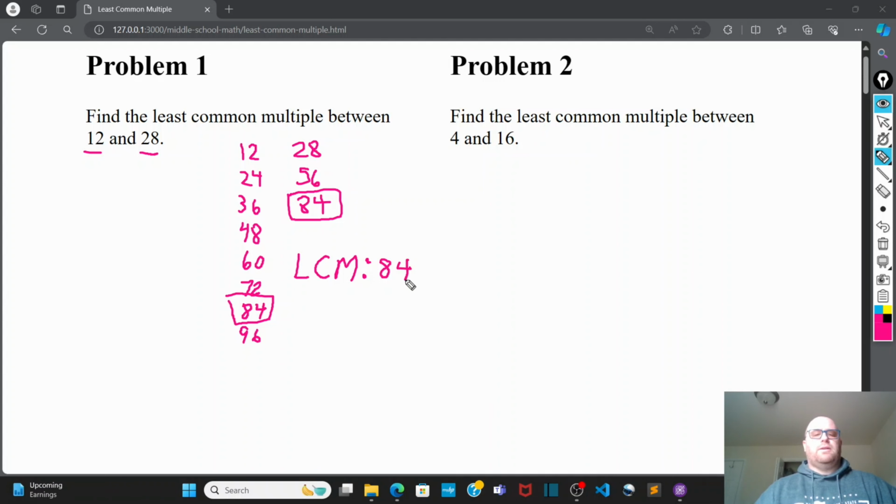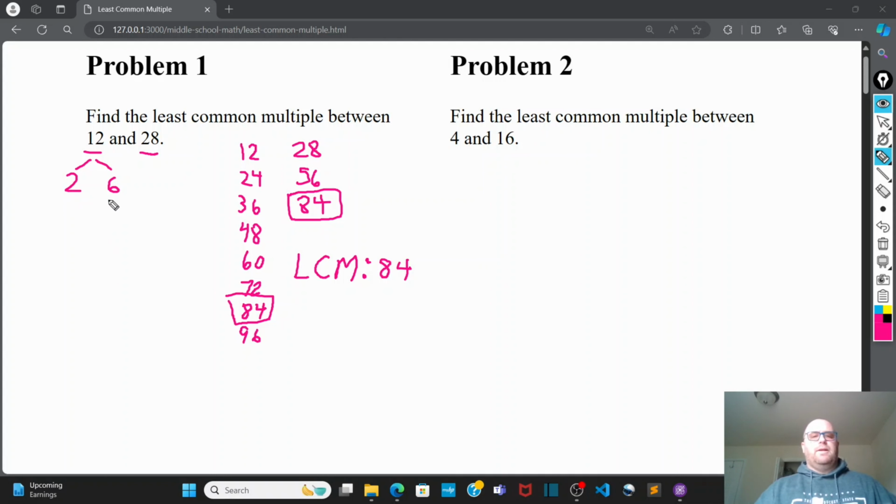But I would argue that the method that we just used, it works, but it's not necessarily the most efficient or fastest way to do it. So another way we can do is do some prime factorization. I'm going to start to divide 12, break it apart into its factors. We can break it apart into 2 times 6, and we want to break it into all of its prime factors. So 2 is a prime number, but 6 is not.